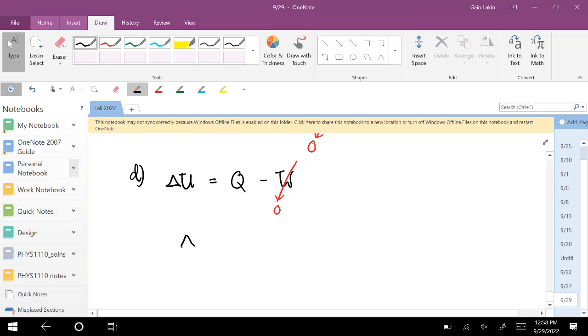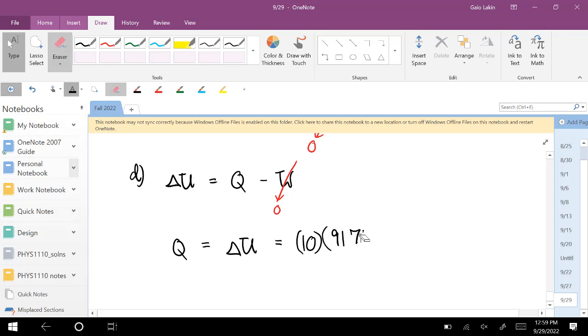And so the heat we have to add is just the change in internal energy, which is 10 kilograms times 91,574. And so 915,740 joules.